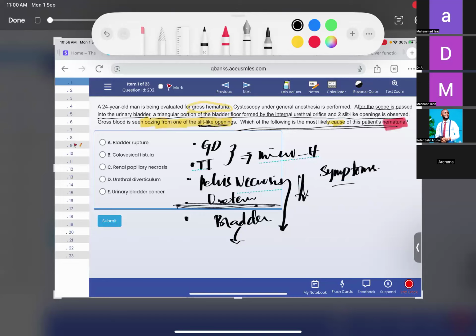We will differentiate whether it is gross or microscopic, and then further based on the symptoms. If we have microscopic hematuria along with fever, it's a kind of glomerular disease, or we can say pyelonephritis, right? If we take a ureteric stone, we will have suprapubic pain, right?